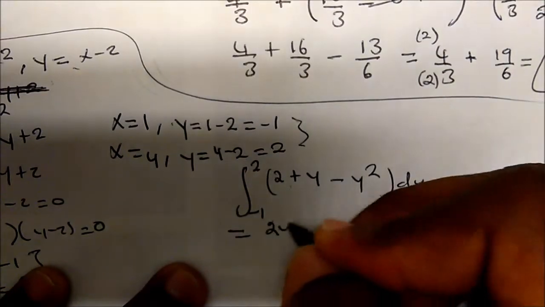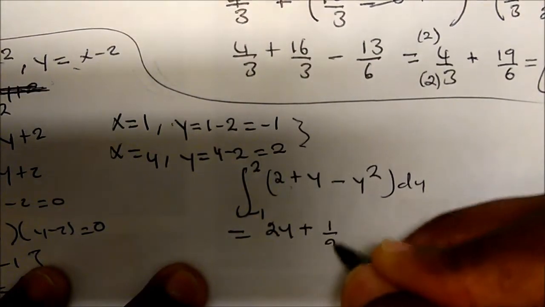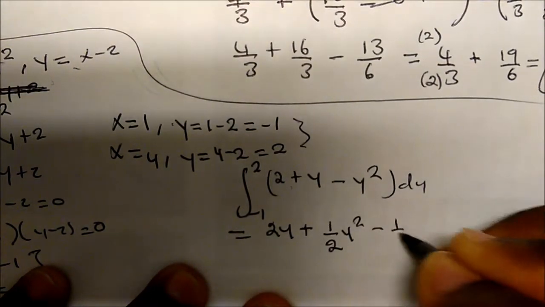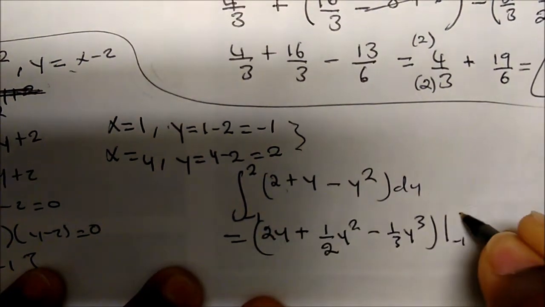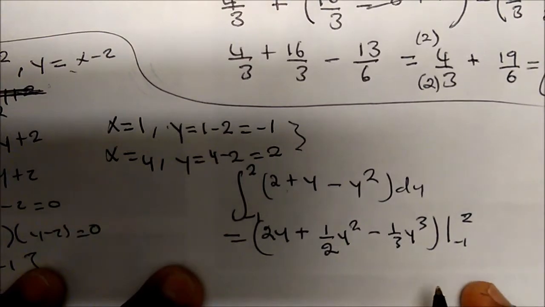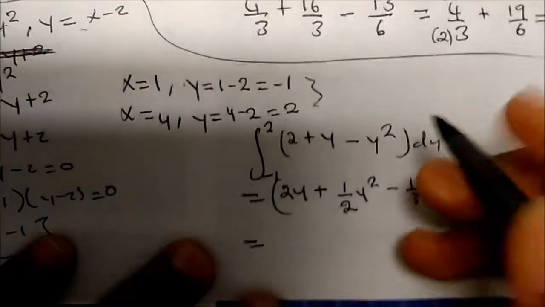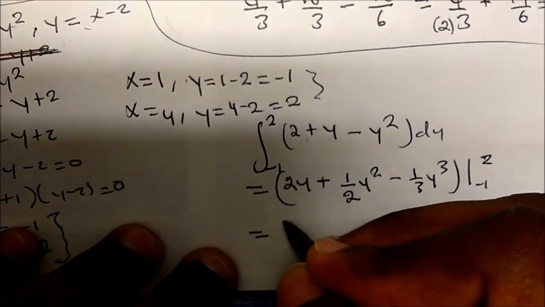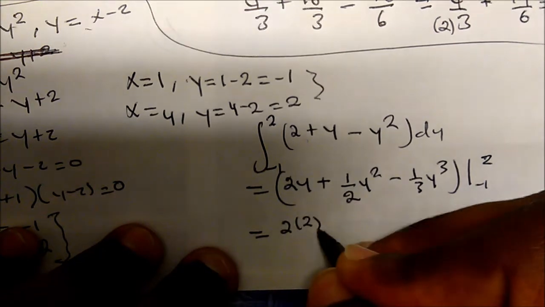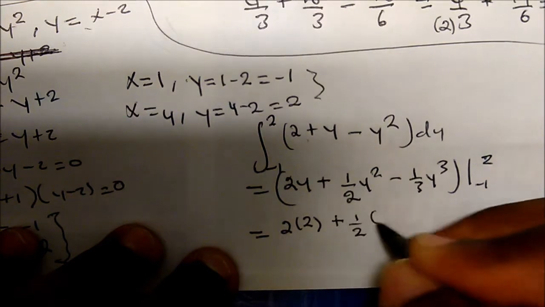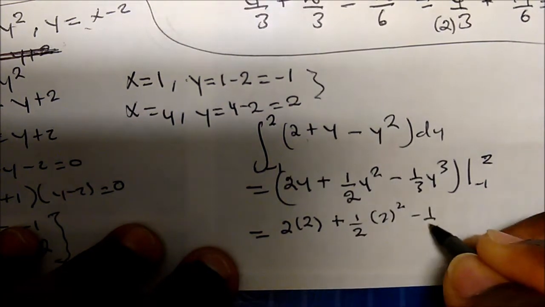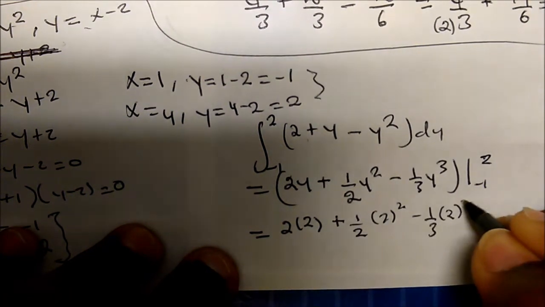So this becomes 2y plus 1/2 y squared minus 1/3 y cubed, integrated from negative 1 to 2. Now I could just plug in my values. So this becomes 2 times 2, which is 4, plus 1/2 times 2 squared minus 1/3 times 2 cubed.